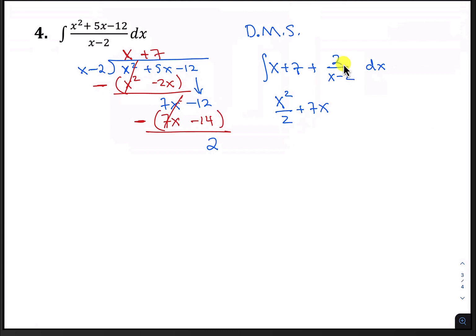Now we know the integral of 1 over x minus 2 would just be the natural log of the absolute value of x minus 2, and then that's just being multiplied by the 2 on the top. So that's plus 2 times the natural log of the absolute value of x minus 2, plus your constant. And that is your final answer.